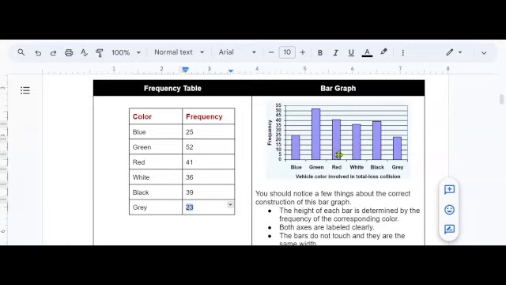So if you take a look at the graph on the right side here, the x-axis is the color of the car, and on the y-axis is frequency. So you can see here, by just looking, you decide which one has the lowest accidents.